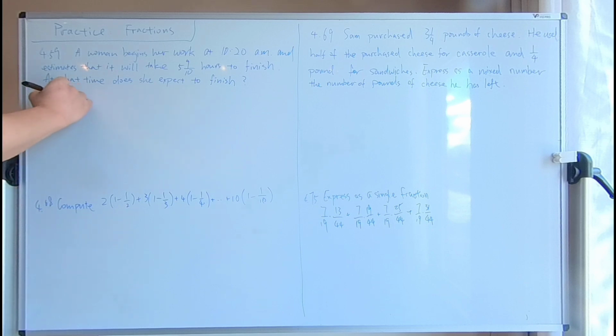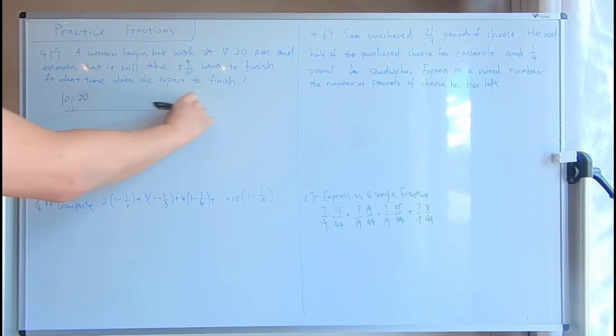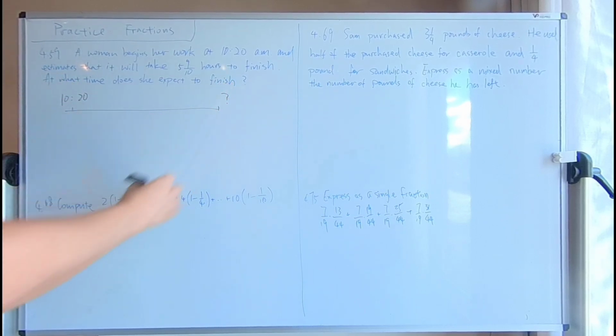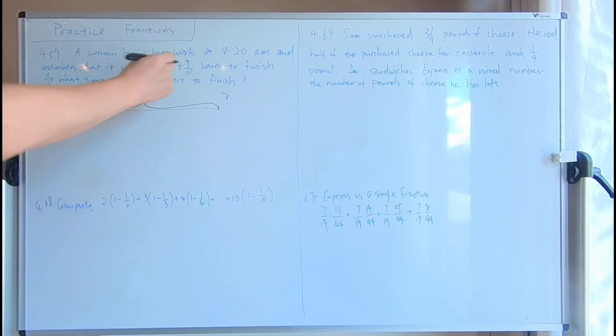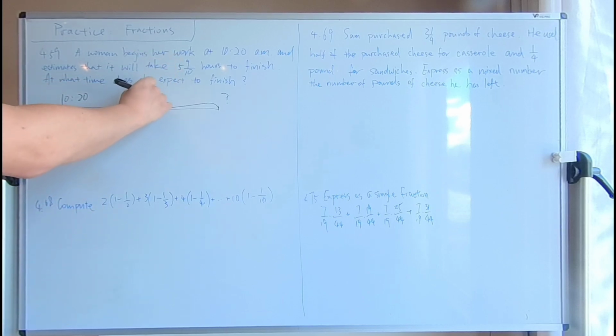We have the starting point, which is 10 o'clock and 20, and we want to know at what time it finishes. We also know the length of this work, basically how long it is expected to take. So it takes 5 and 9/10 hours to finish.